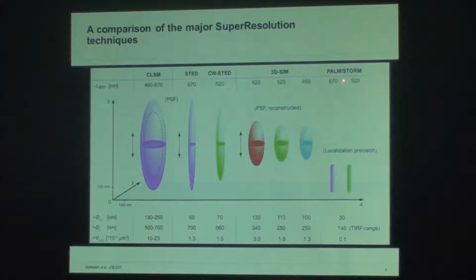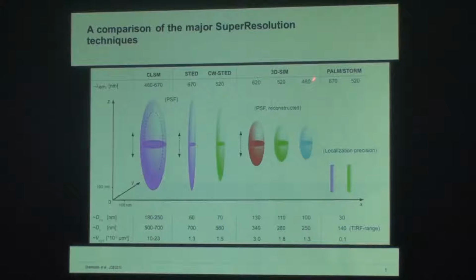Compared to PALM and STORM, which are typical localization techniques, based on the localization precision you get up to around 20 to 50 nanometers resolution with STORM and PALM, which individual labs on this campus are using quite a bit, particularly STORM. And there is one STED system installed in the Loomis.